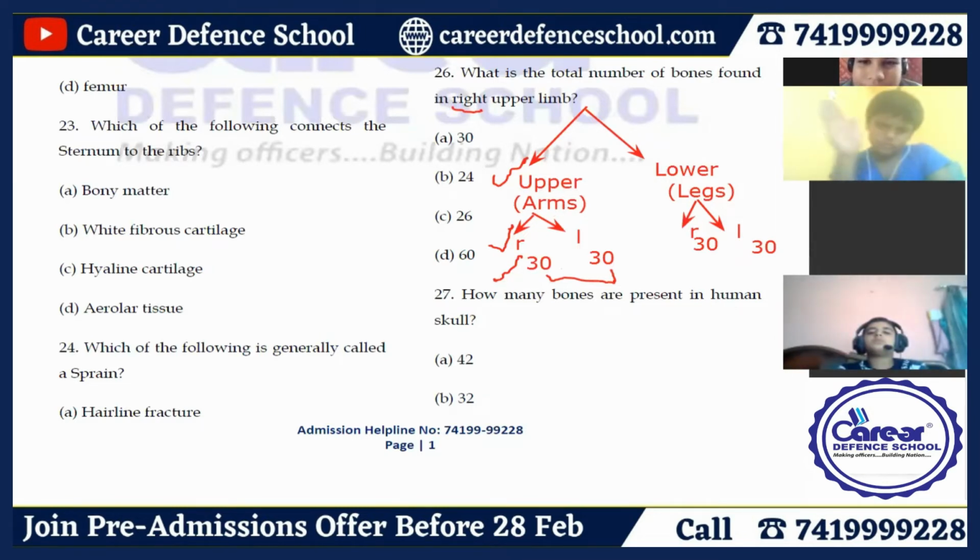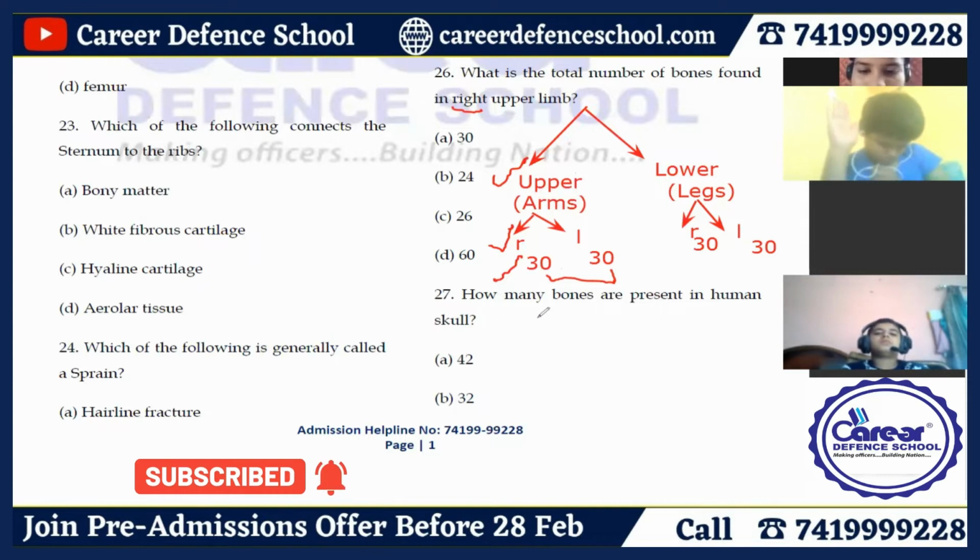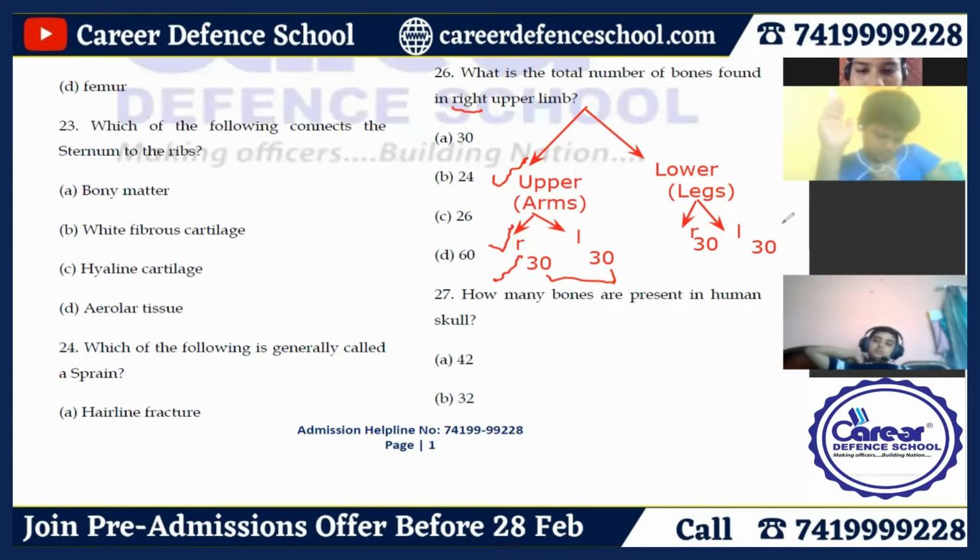Yogeshwar, understand this thing, beta? Understood? Yes, ma'am. Okay. Now let us see the next question. How many bones are present in the human skull? Yes, now Yogeshwar, you will answer. 42, 32, 22, or wait, question number 27.